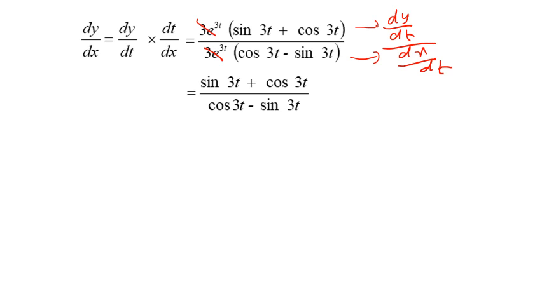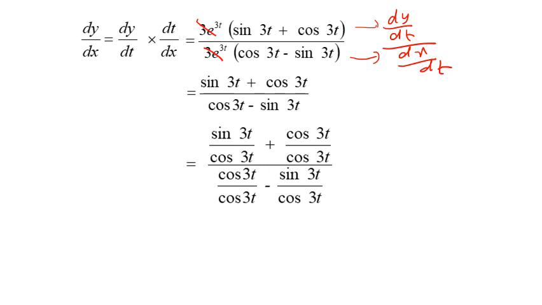So how on earth we can show that is actually tangent? So remember, in order to get tangent terms, so we have to divide by cos. So each term we have to divide by cos, that is cos 3t lah. So sine over cos 3t, we got tangent, cos over cos 1. So we got here tangent 3t plus 1 over 1 minus tangent 3t.